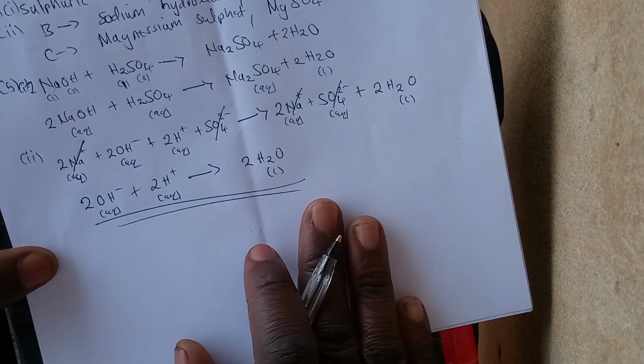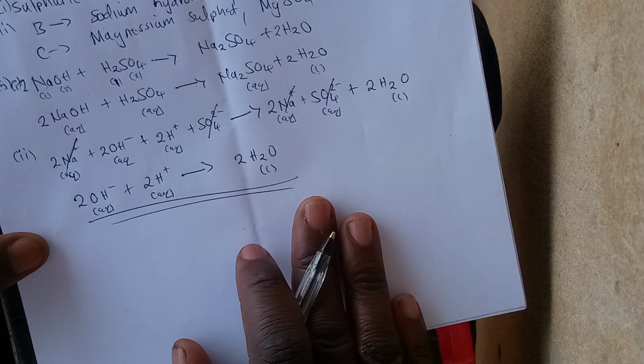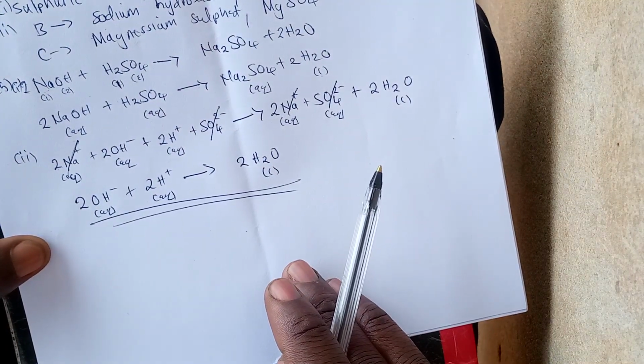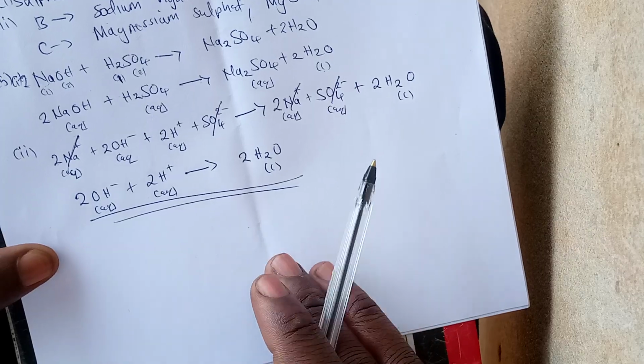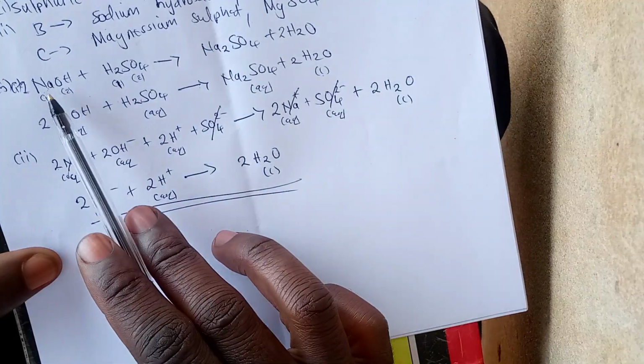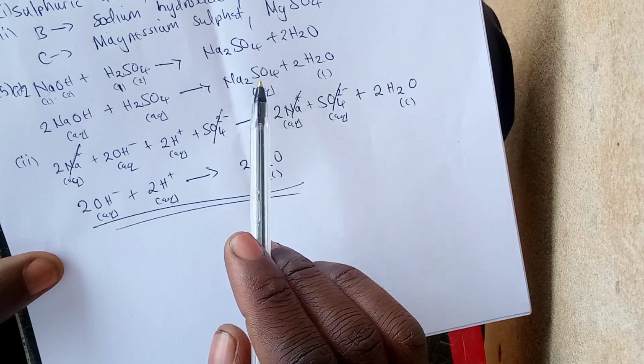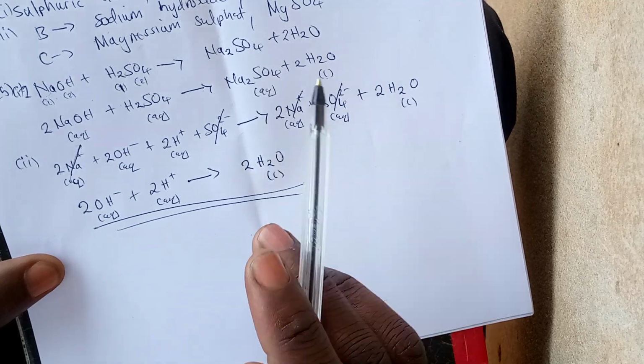Next question, C. State the type of reaction that occurs in B1. When a base reacts with an acid, the type of reaction is a neutralization reaction.